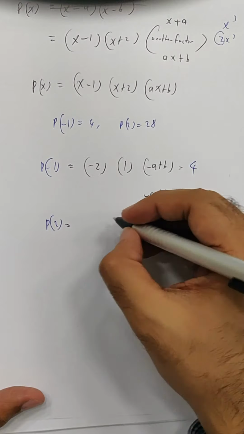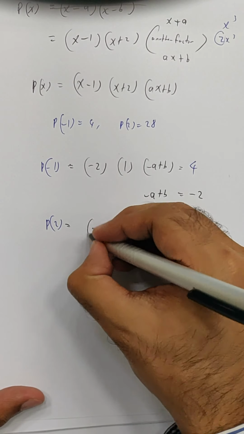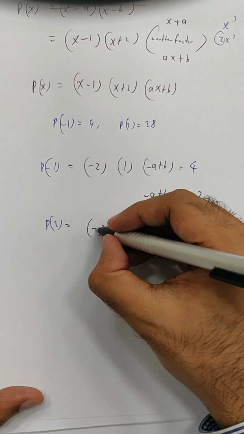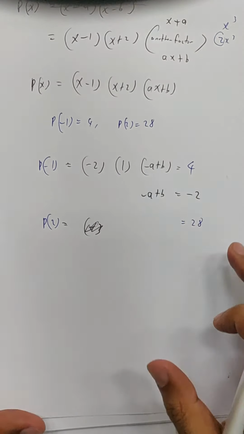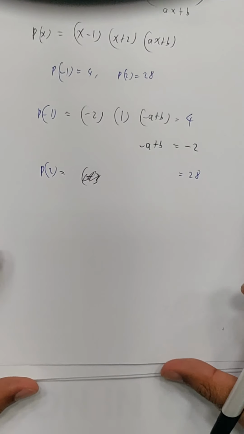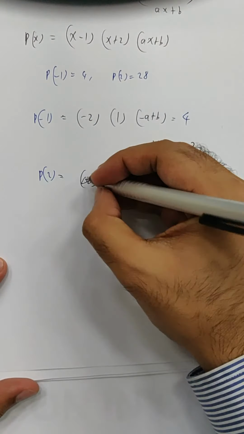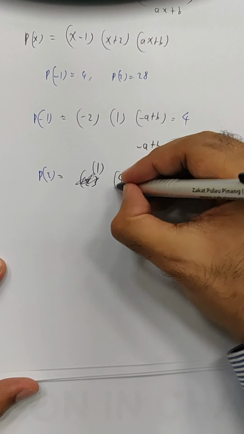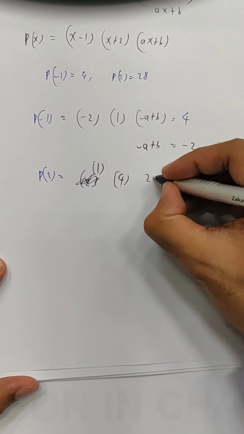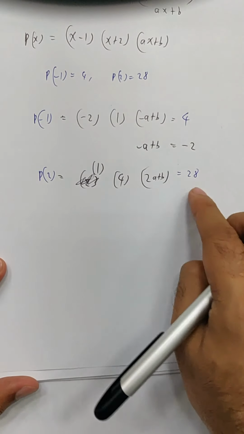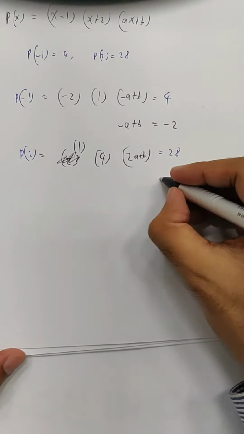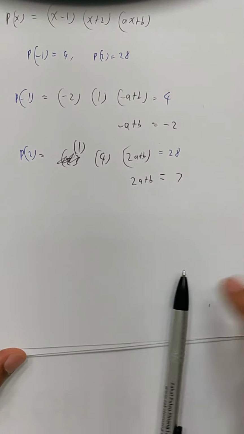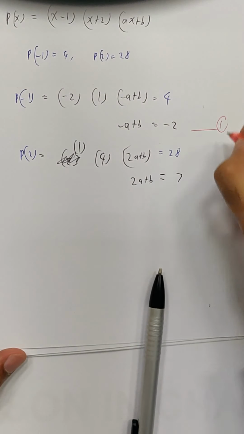Let's see. Negative 3. Am I right? Sorry, 1, 1. Sorry about that. Two here, I got 1, 4, 2a plus b. Oh, this is simple. Not that simple. So I get 2a plus b equals 7.